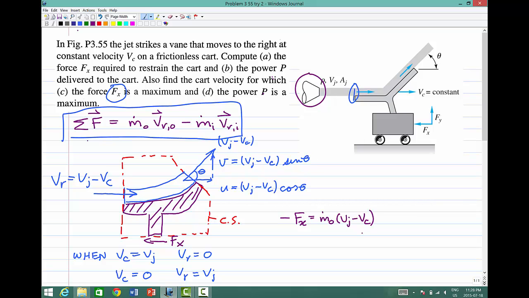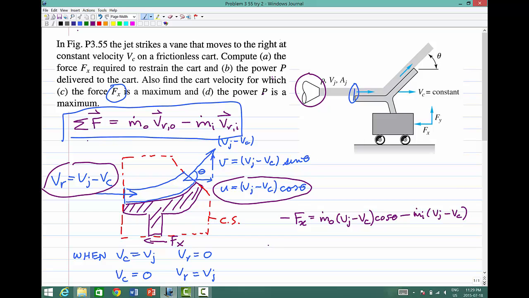So the force in the x is in the negative x direction, so I have minus Fx equals the mass flow rate out of the control volume, and it's leaving with the velocity in the x direction equal to (Vj minus Vc) cos theta, and then minus m dot in, and it comes in with this velocity Vr, so V jet minus Vc.